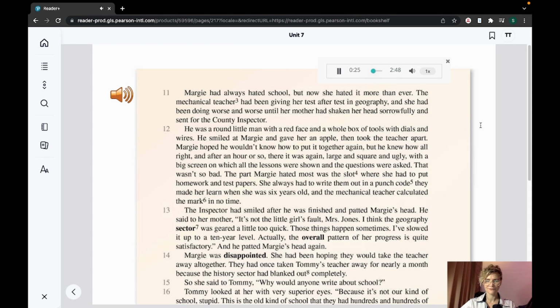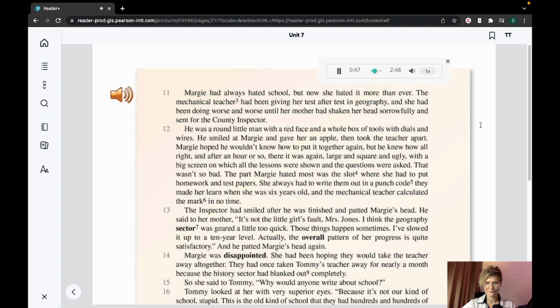He smiled at Margie and gave her an apple, then took the teacher apart. Margie hoped he wouldn't know how to put it together again, but he knew how all right, and after an hour or so, there it was again, large and square and ugly, with a big screen on which all the lessons were shown and the questions were asked.